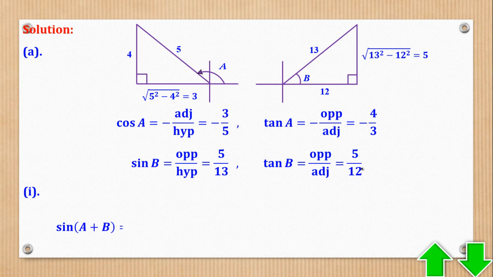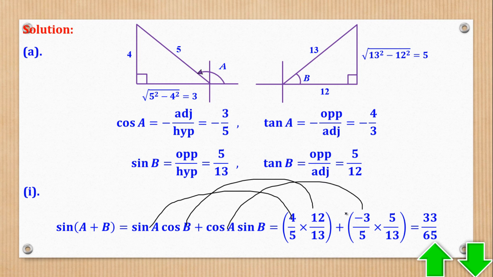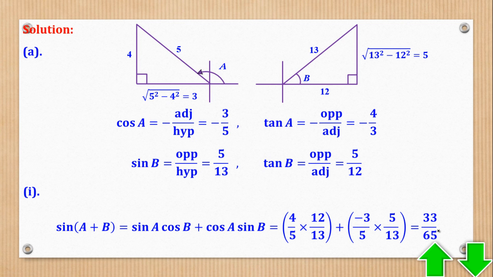That means that now we can use the compound angle identity and substitute: sin A cos B plus cos A sin B, which is this. Use a calculator, you'll come up with this as the answer they wanted.